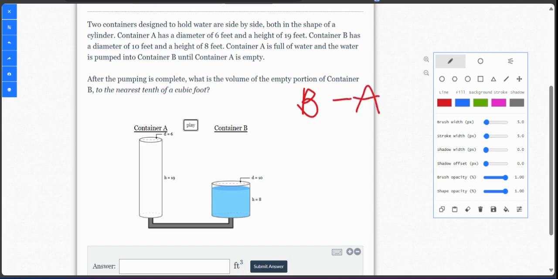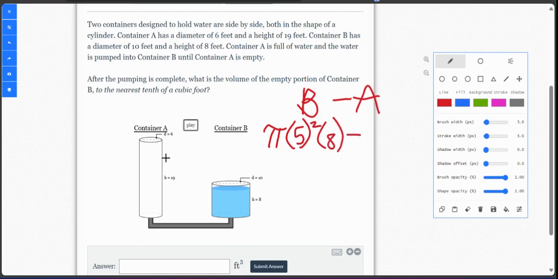Now remember, they're giving us diameter in some of these cases, especially with container B. So container B, the D is 10, so the radius would be 5, and the height is 8.